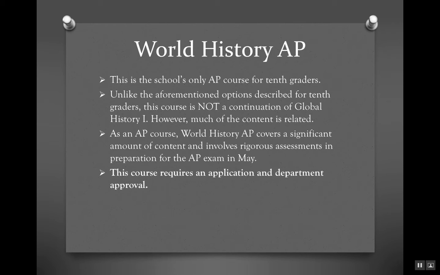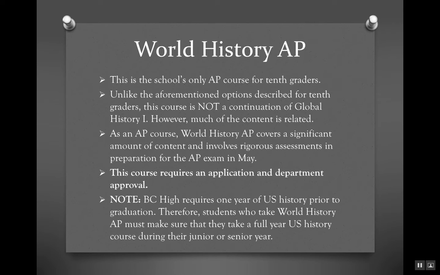However, much of the content that is covered with this class does overlap. It is related. And as you would expect as an AP course, again, a tremendous amount of content is covered over the course of the year. Absolutely, you can expect rigorous assessments as the students prepare to take the national exam in May. And this class, of course, does require an application and, again, department approval.